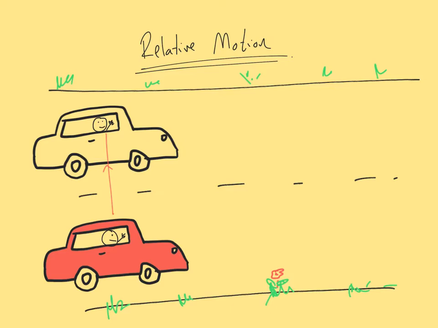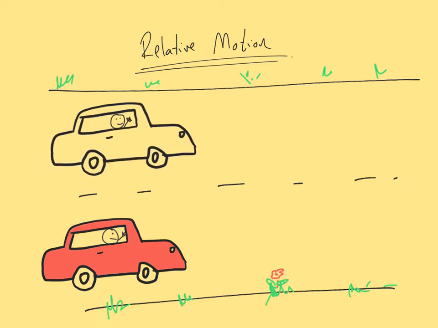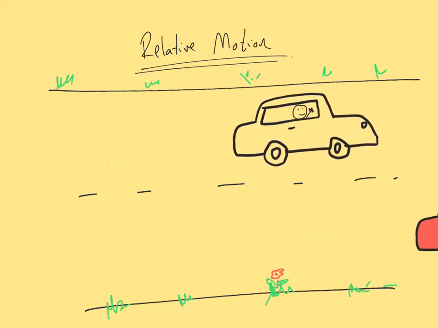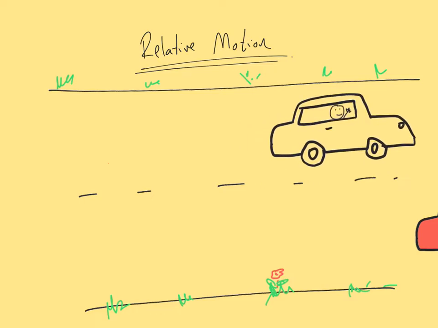Let's take the same situation, and this time let's see what happens with the cars travelling at slightly different speeds. Because they're travelling at different speeds, they both have a forward speed in the same direction, but there's a difference between them, and it's that difference between them that's the relative motion.